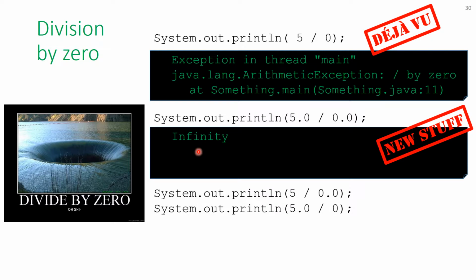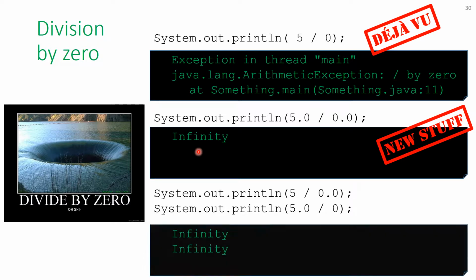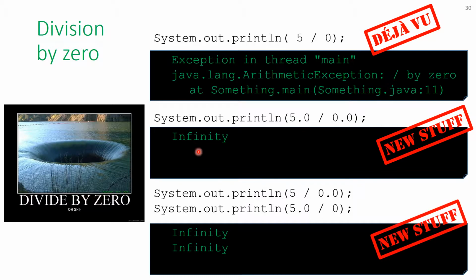What this slide tells you is that a real division doesn't have an exception, but returns a weird value. And the previous slide tells you when you have a real division and when you have an integer division. So those two examples here are going to also produce this infinity thing. The reason we see infinity is because println interprets the value, okay?